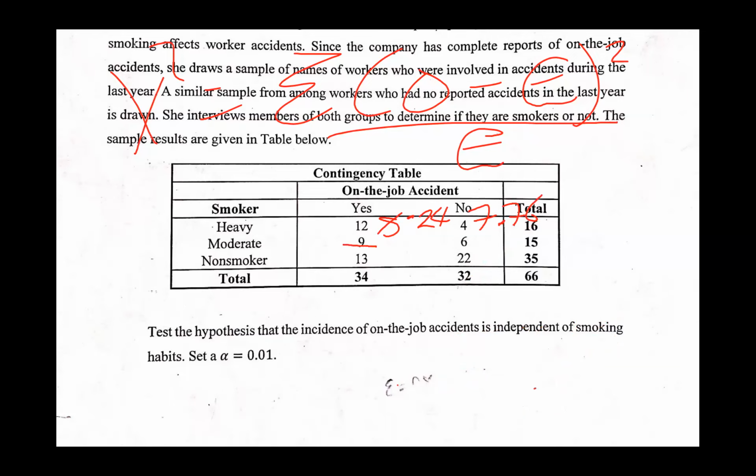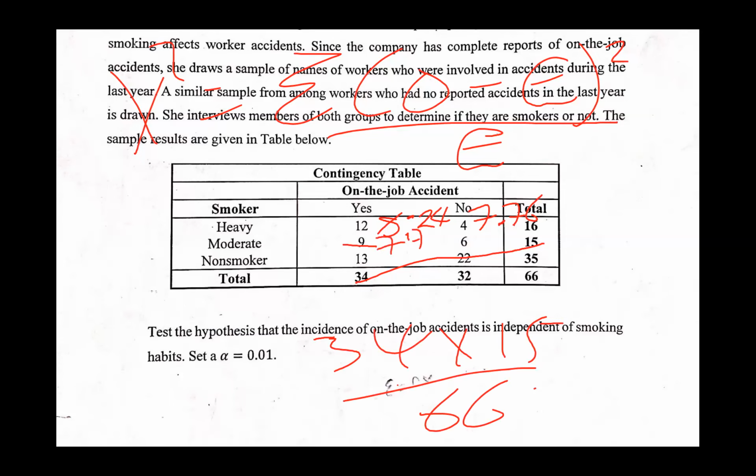What about this one? 34 times 15 divided by 66 is 7.72. What about the other one?